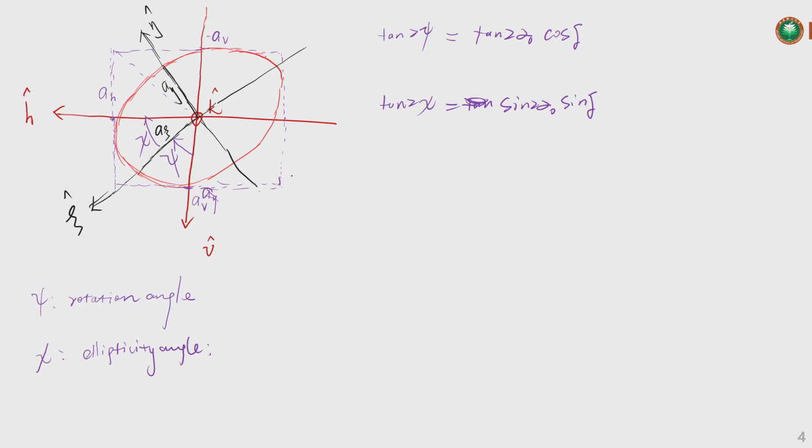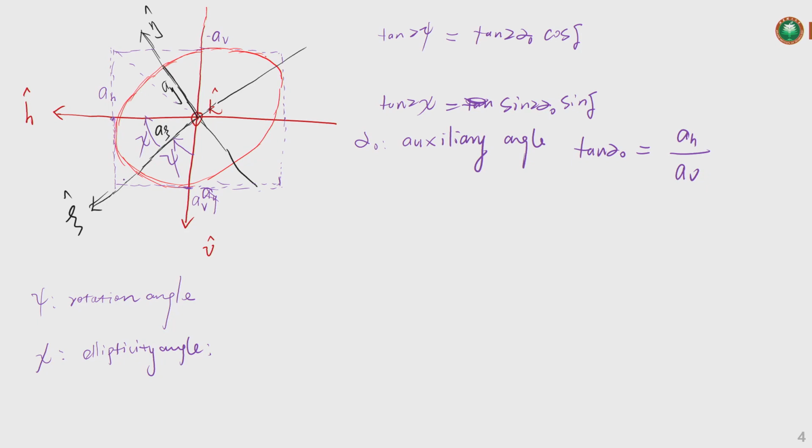And alpha node is the auxiliary angle. The auxiliary angle is defined as tangent alpha node equals AH divided by AV. So that means alpha node is AH divided by AV.